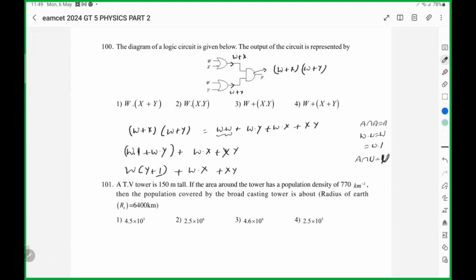So I can write W into Y plus 1 is 1 only, W into 1 plus X, 1 plus XY, which is W plus first.